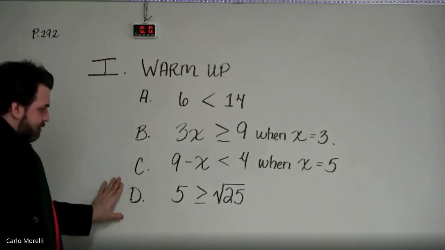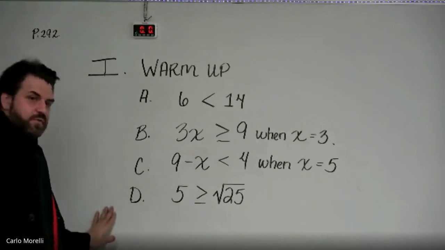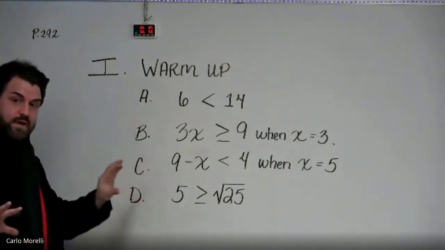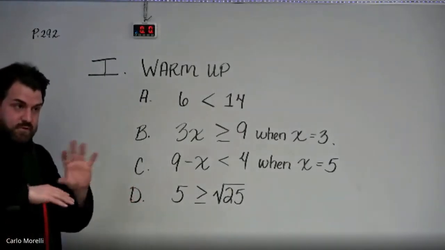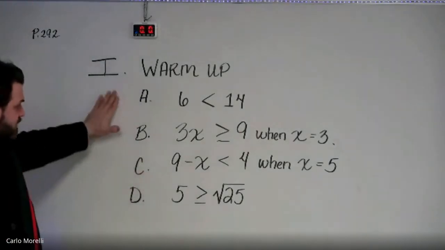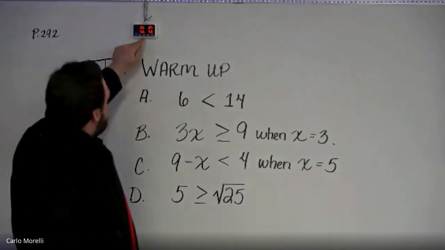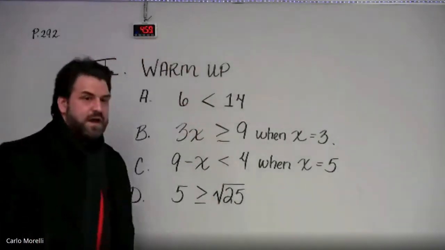Okay? Now, here's how you answer these questions. These questions are true, false questions. There's nothing to solve. You just tell me, is it true or false? Now I'm going to put 4 minutes on the clock. Well, I'll put 5 minutes on the clock.